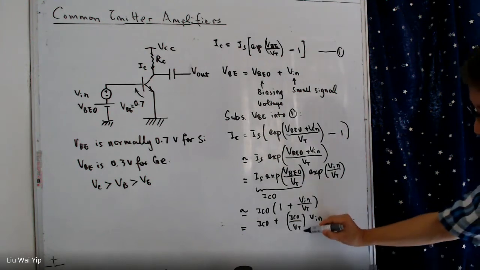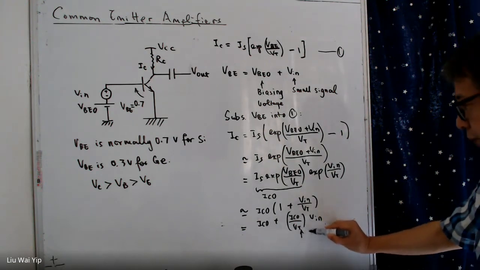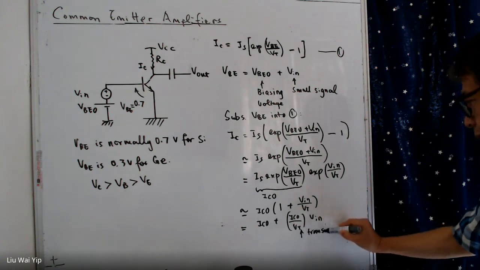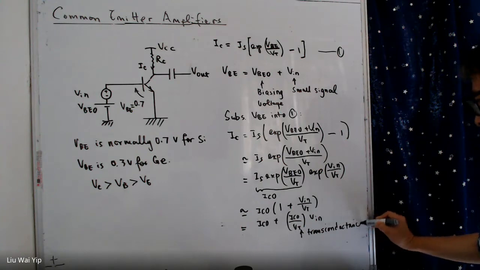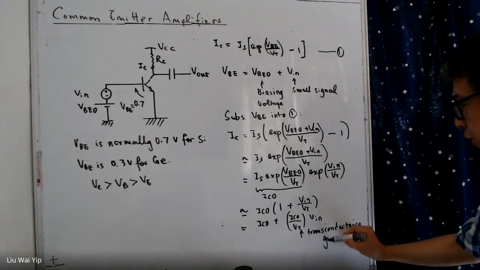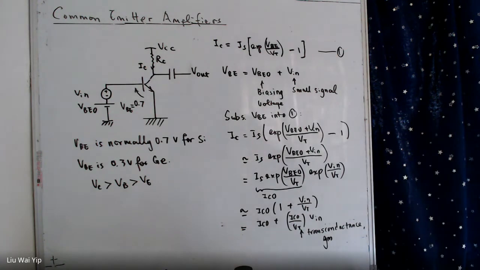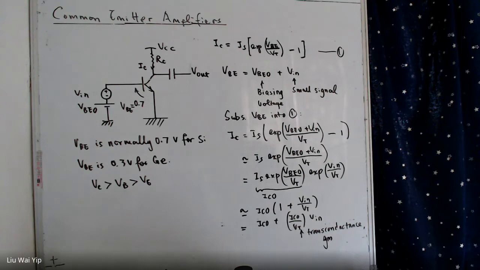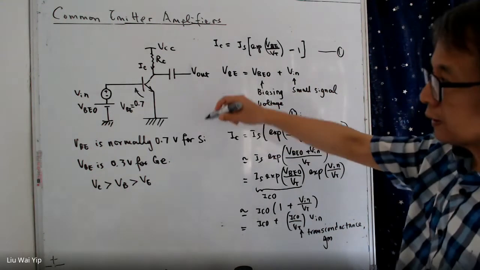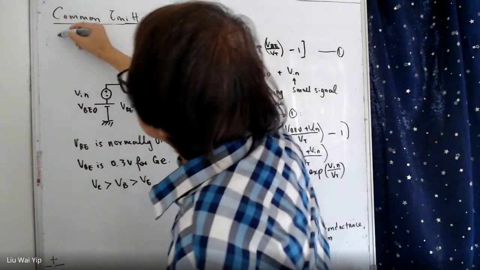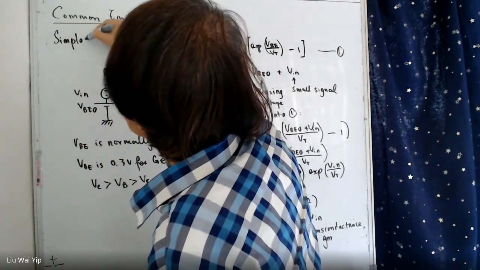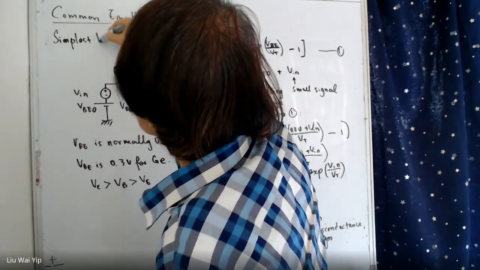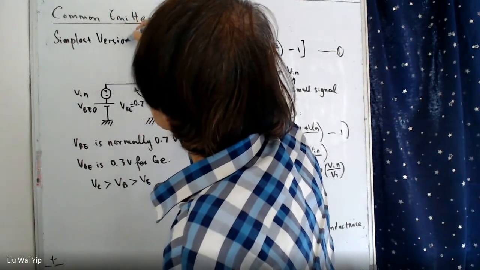And this scaling factor is called transconductance, and normally we use gm to represent it. So this is the simplest version of the common emitter amplifier.